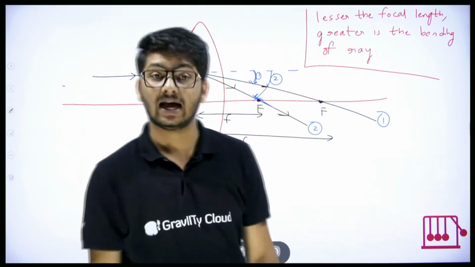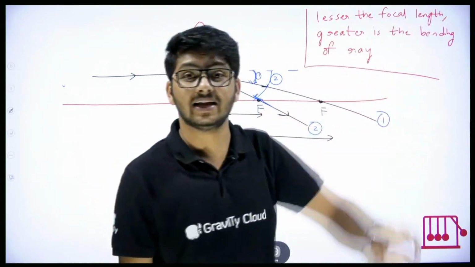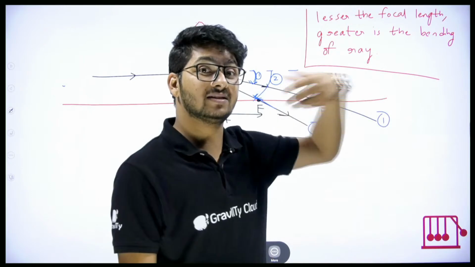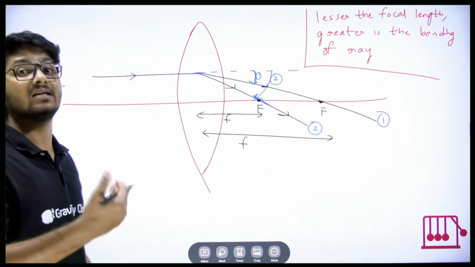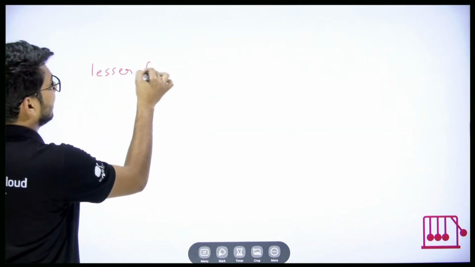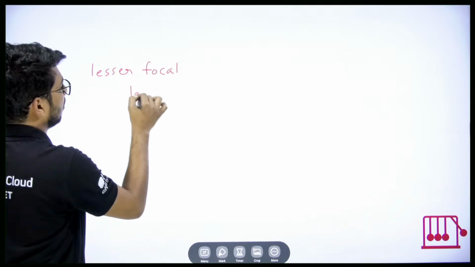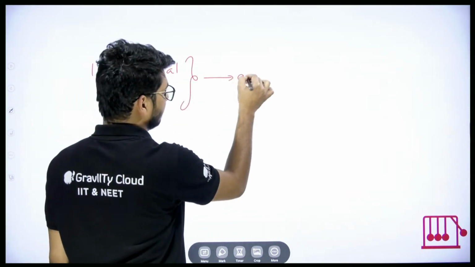So we can say that lesser the focal length, greater is the bending, and greater bending means greater power. So lesser focal length, greater power. Lesser focal length will imply greater power.